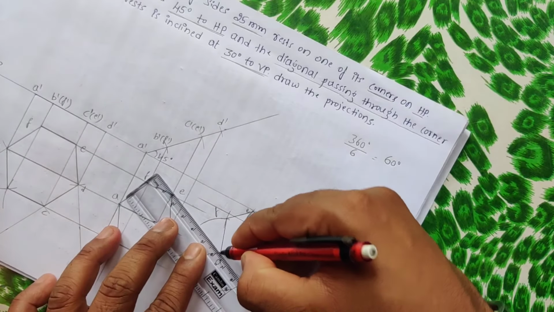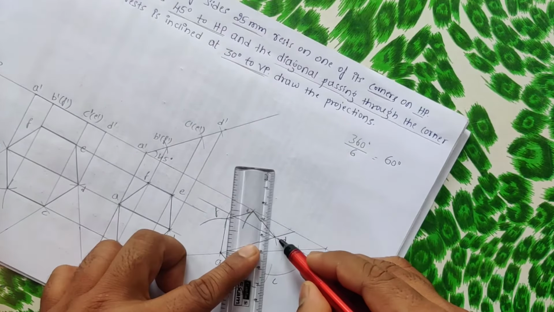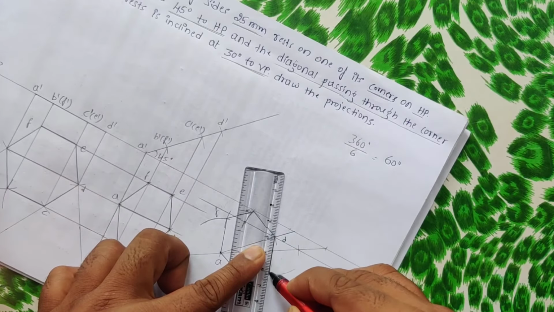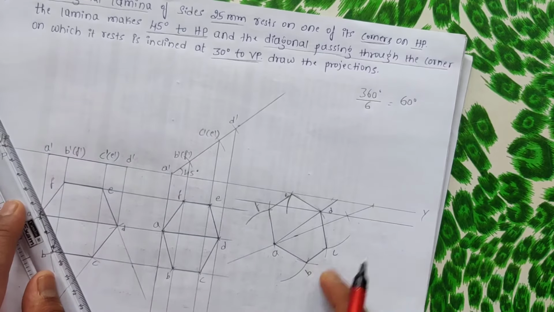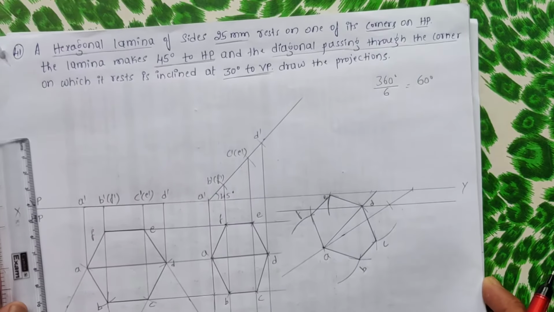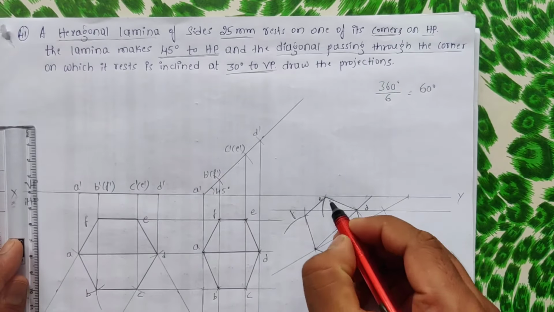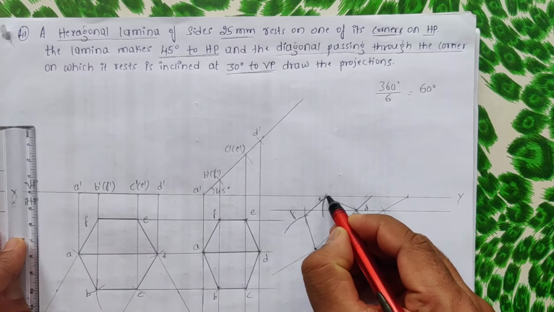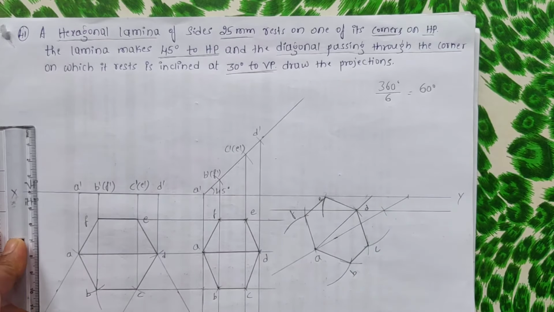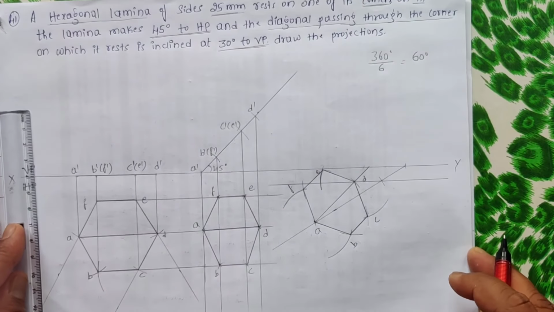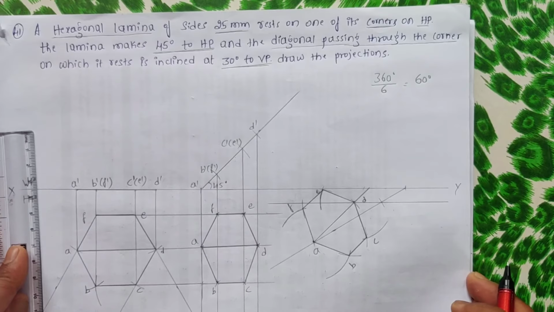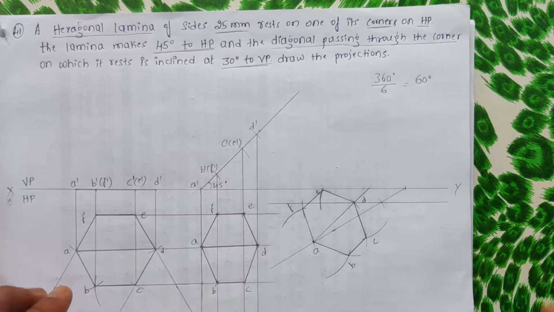So A to B, D to C, B to C. A, B, C, D, E, F, and it should be well below the XY line. So if you can observe here, there is a gap. It is not touching the XY line. So when you do also, it should not touch the XY line in such a way that you have to plan for it.